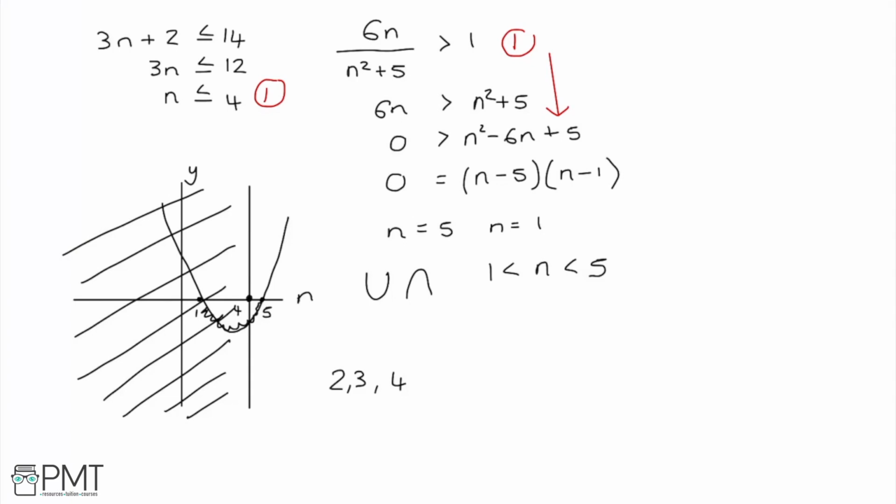And then the next mark was for factorising this, leaving us with n minus 5, n minus 1. And then for forming some kind of inequality, so for n being greater than 1 and n being less than or equal to 4, or for this inequality that we've written out here. And we've represented this graphically in the diagram that I've drawn up. And then the final mark is just for this correct answer of 2, 3 and 4 as the integer values for n.